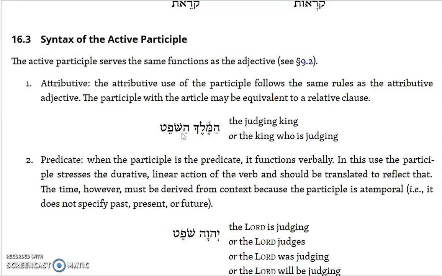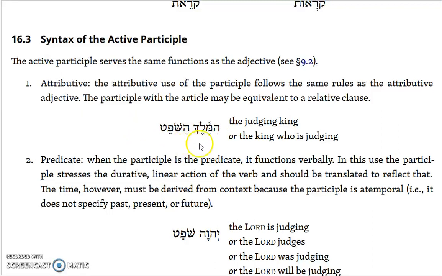Adjectives have to agree with the nouns they modify in gender and number and degree of definiteness when it's an attributive adjective. And so it agrees in gender, masculine, number, singular. It has the article, just as Melech has the article. And so that's the attributive adjective.